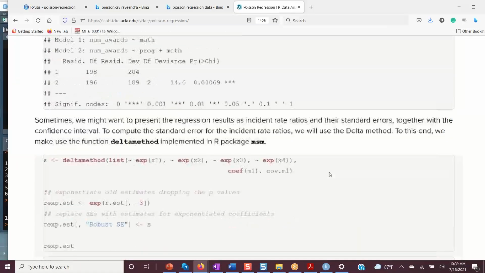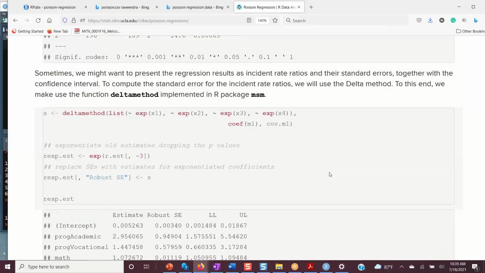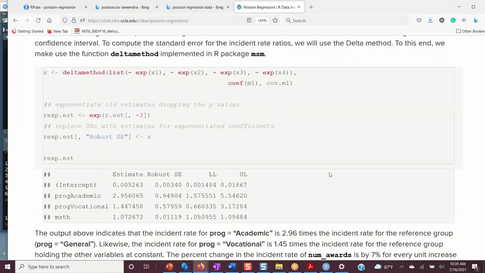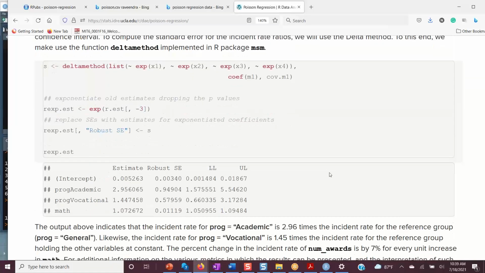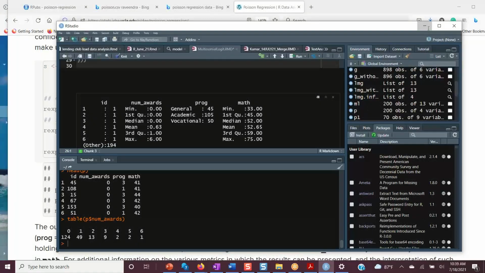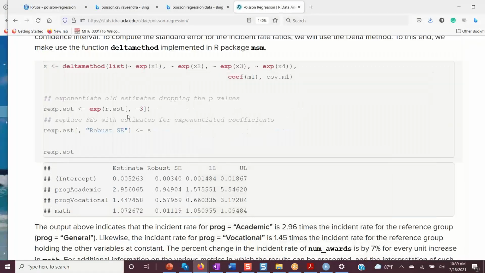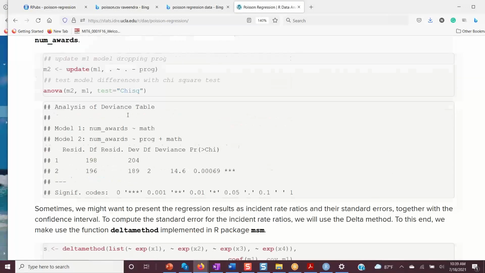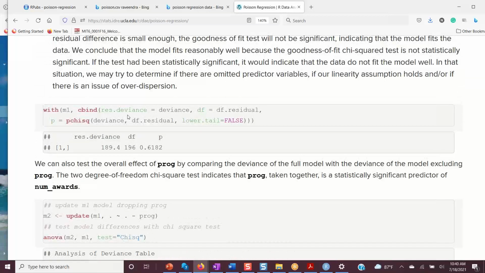The last four lines of the points, not in this one, in the PDF, sir. The link. In the link, Poisson regression, there's some point.